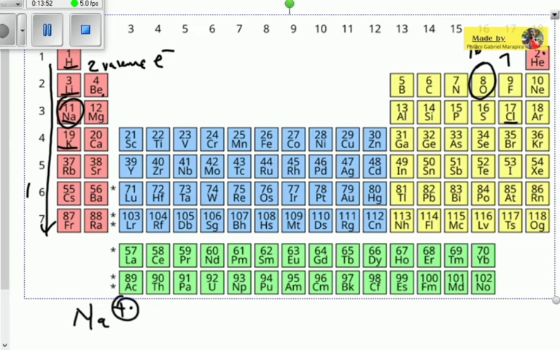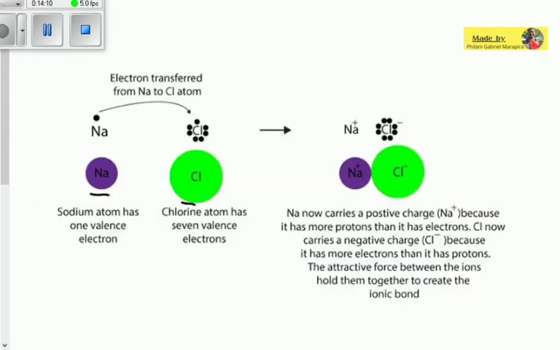That 1 has to come from an element in group 1. So the sodium will give that 1 electron to fill this outermost shell.